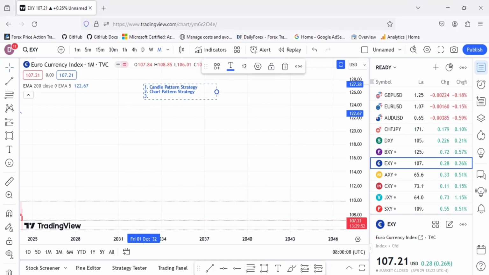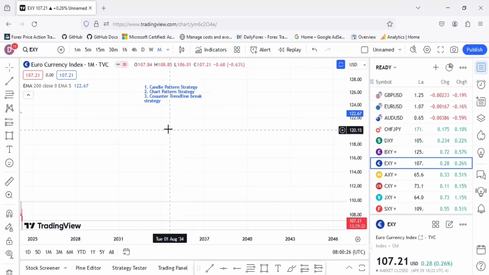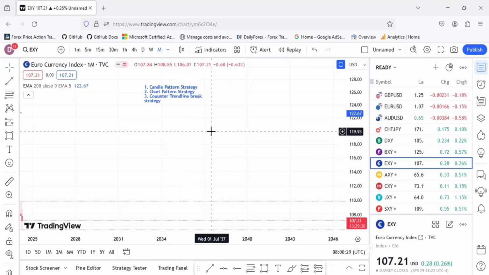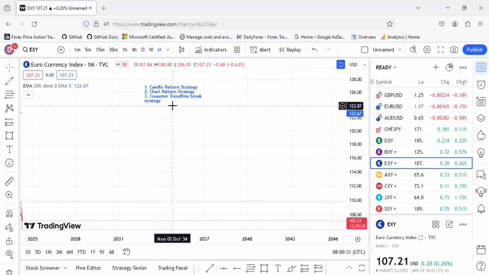And the third one is counter trend line break strategy. So these are the three entry strategies that I usually use: the candle pattern strategy, the chart pattern strategy, and the counter trend line break strategy.